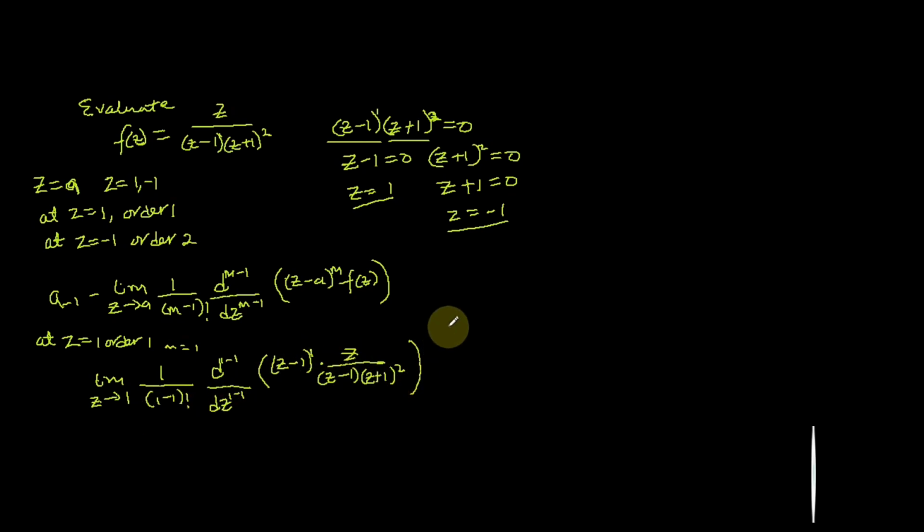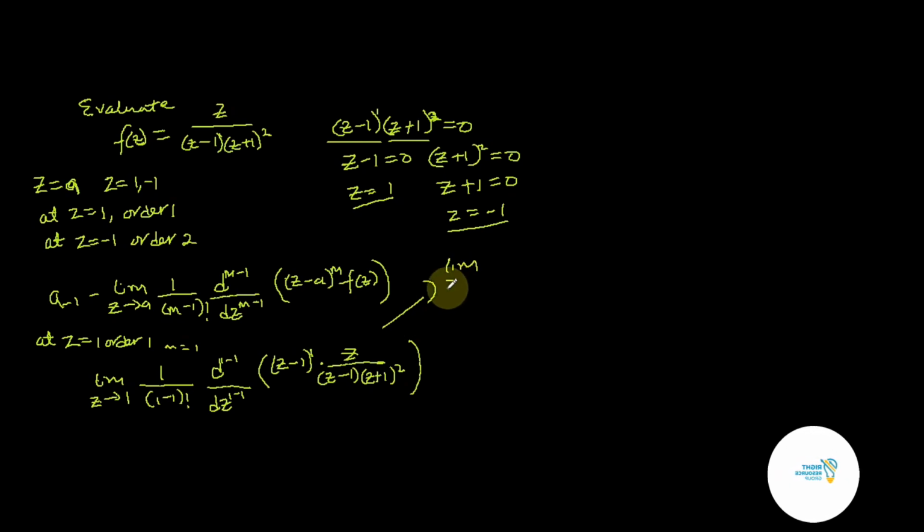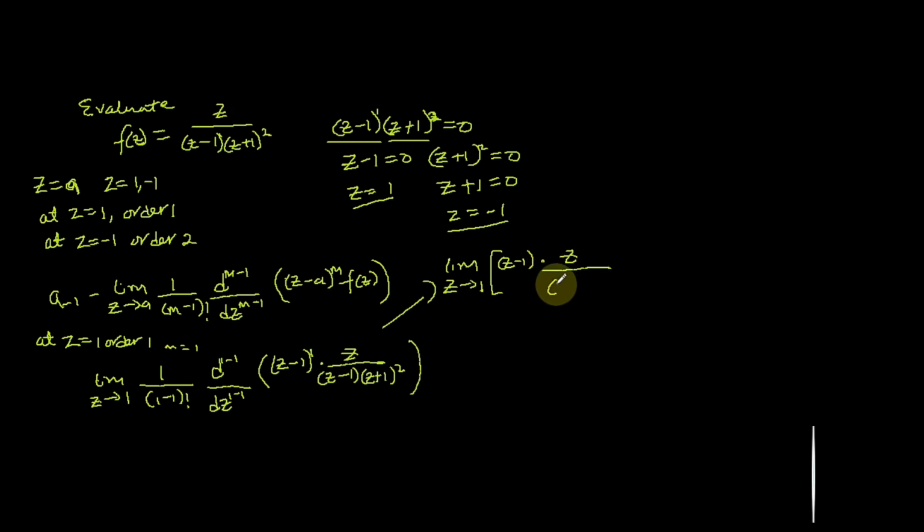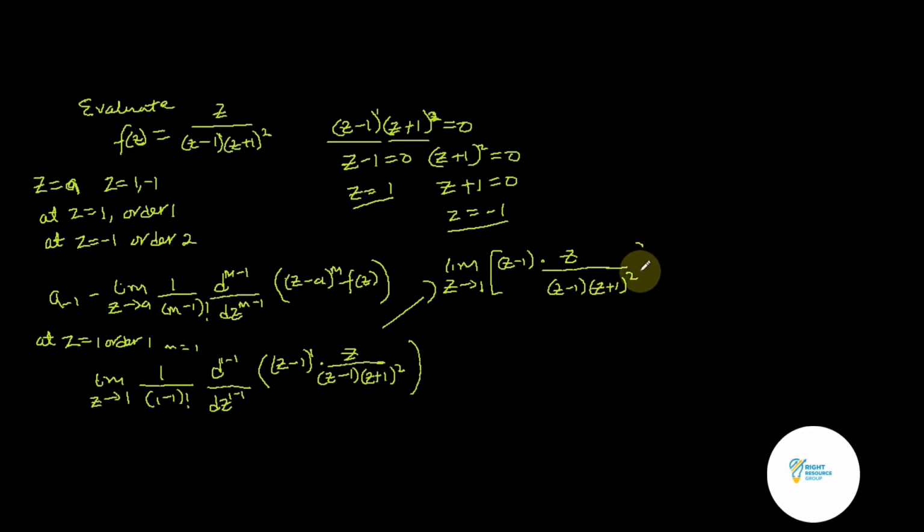Solving this further, let's take it up here. We have the limit as z tends to 1, and we have 1 over 1 factorial, which is 1. Also the derivative raised to the power of 1 minus 1 gives 0, and everything there will turn to 1. So we are just left with (z minus 1) multiplying z all over (z minus 1) into (z plus 1) all squared.